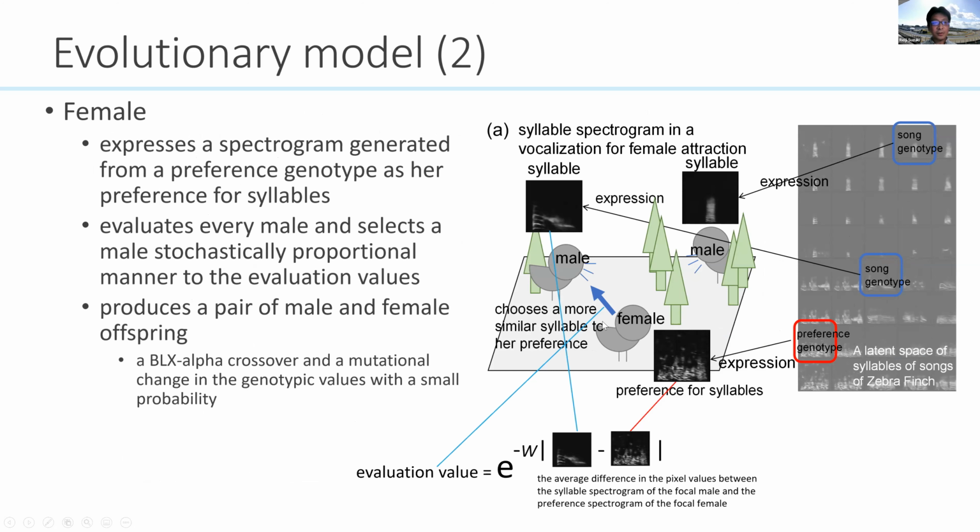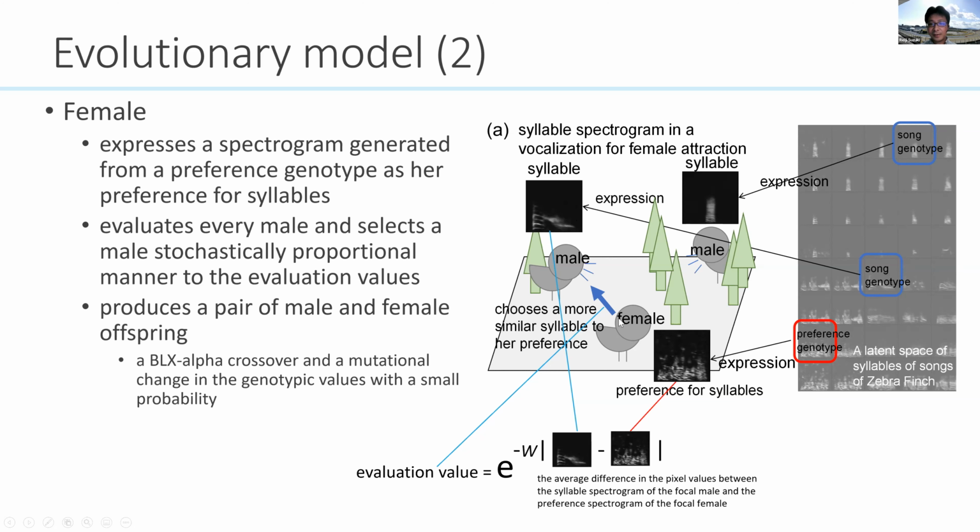And this individual evaluates every male and selects a male stochastically, in a manner proportional to the evaluation value. This is the equation of the evaluation value, and this component represents the average difference in the pixel values between two images, the syllable and the preference.